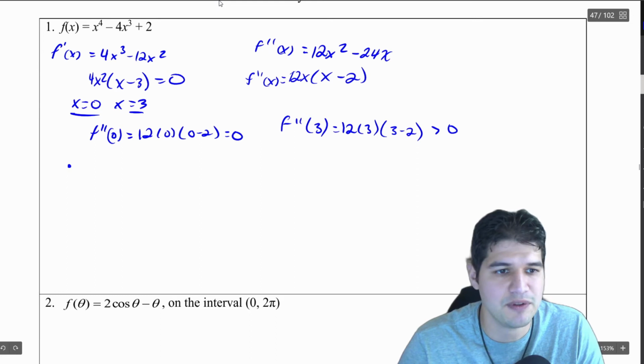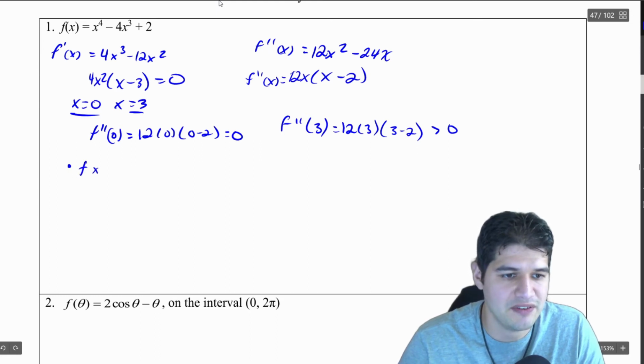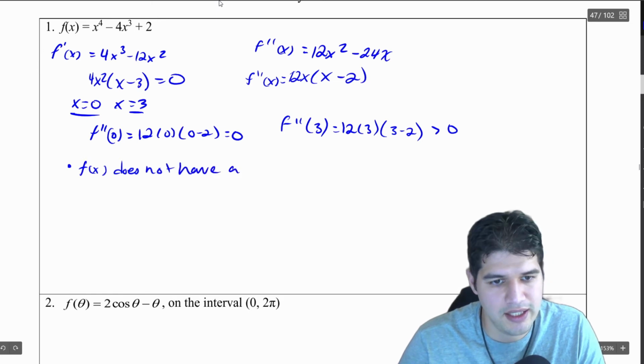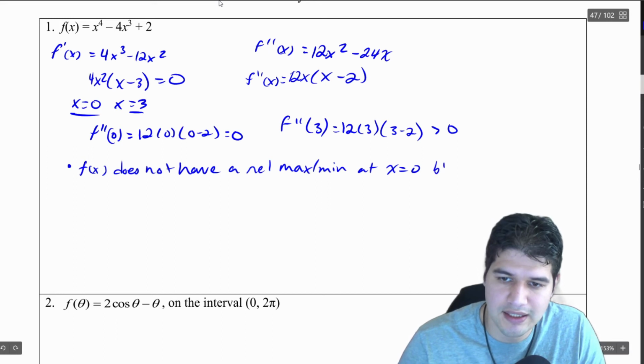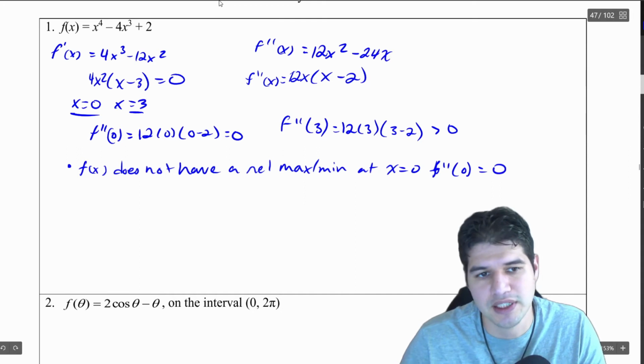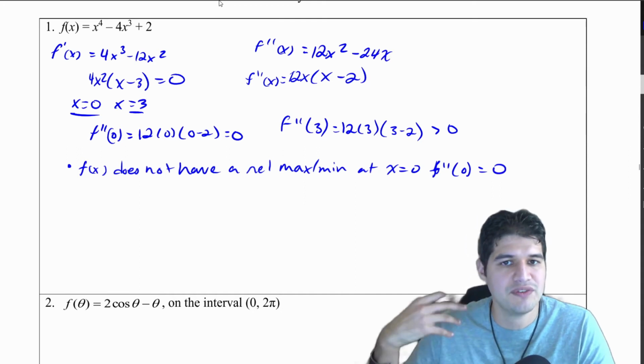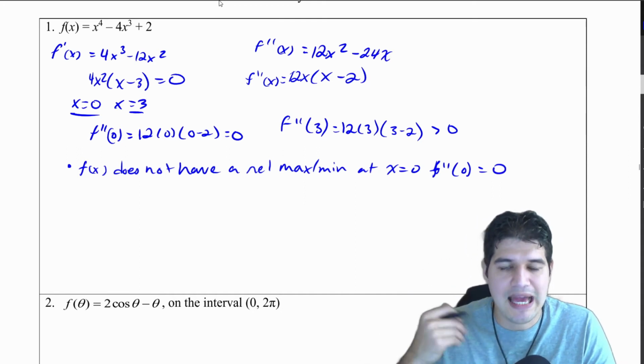What we can say from this is that f of x does not have a relative max or min at x equals 0. The reason we can say that is because the second derivative of f at 0 is actually 0.